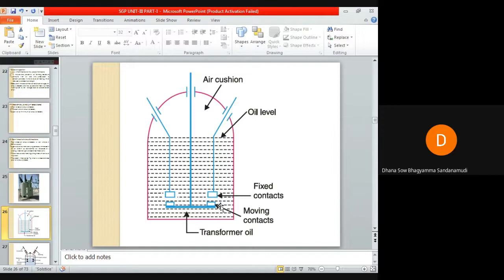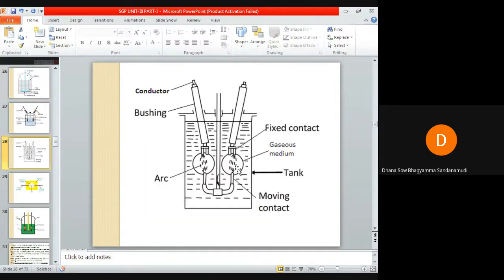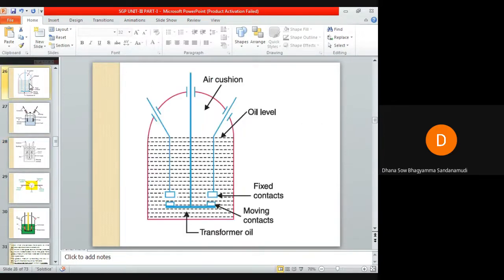When gas is formed around the arc, the oil is displaced. To accommodate the displaced oil, an air cushion between the oil surface and the tank is formed.